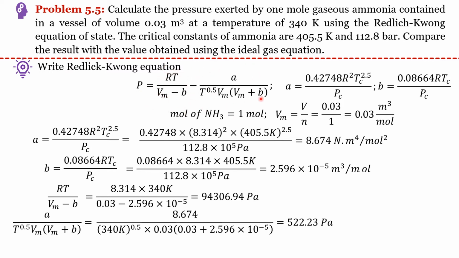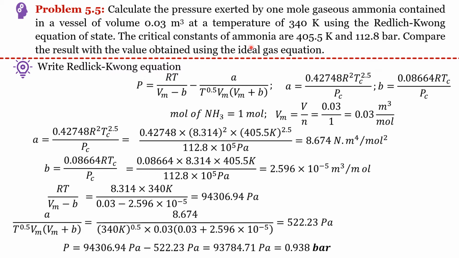Now we can take the difference, so pressure will become the first term minus the second term. So we will get 0.938 bar. This is the pressure that we have estimated using the Redlich-Kwong equation.